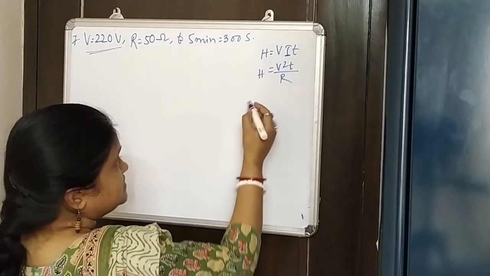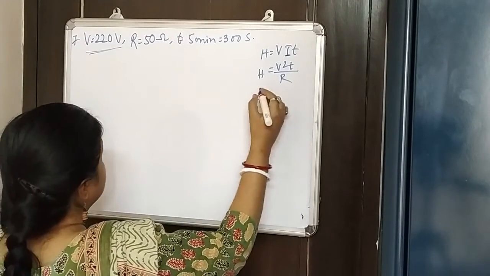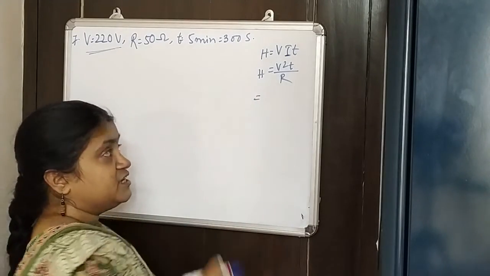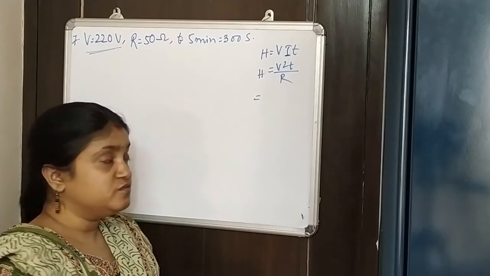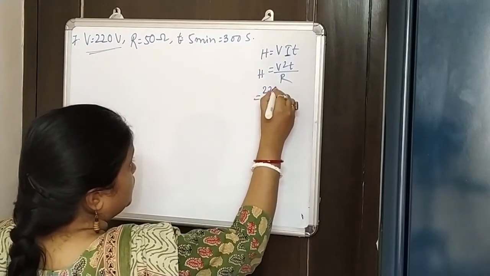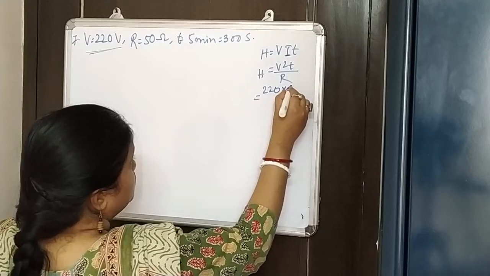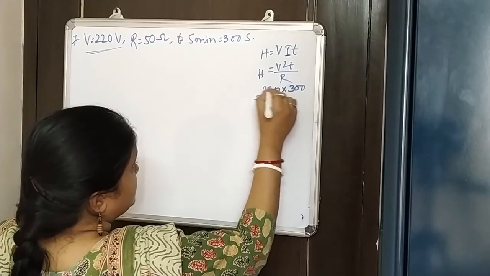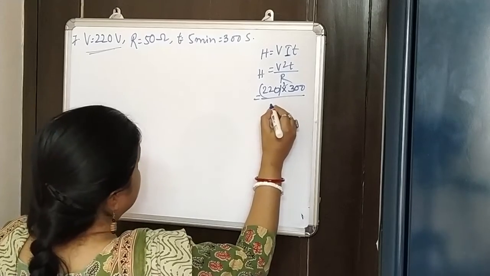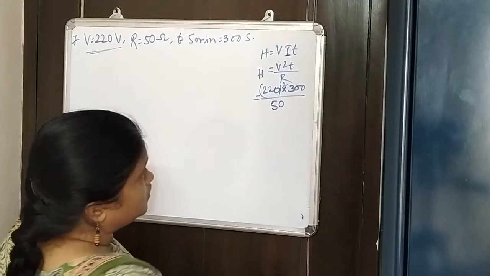Now it becomes very simple, just substituting, since all are in SI unit. So my heat also would be in the SI unit, which is Joule. So substituting this, we get 220 square into T, which is 300 seconds, divided by R, which is 50 ohm.